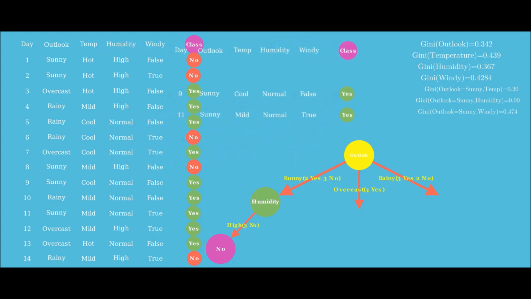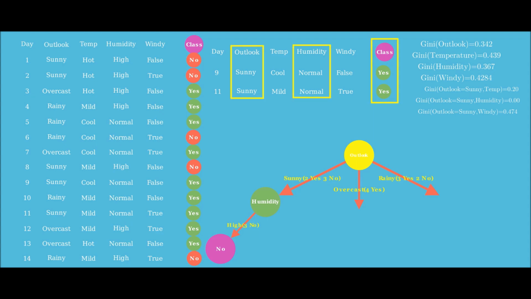That means for branch sunny, humidity branch normal will be mapped to yes. So that would be a terminal node, or you can say a leaf node. Leaf node means there is a class value.